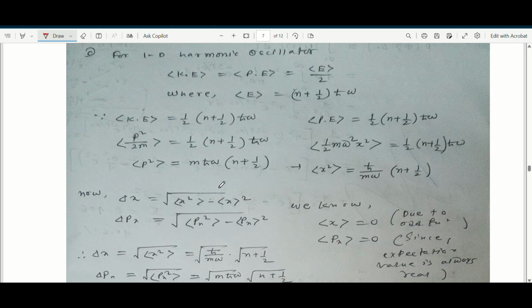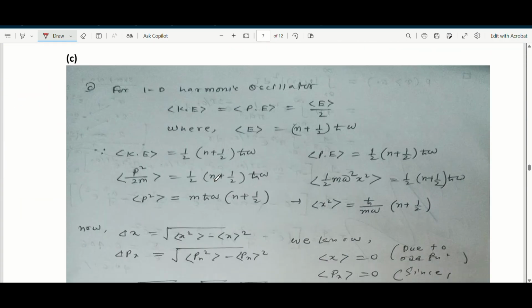For a harmonic oscillator, we know the kinetic energy is p squared by 2m, and the potential energy V of x is half m omega squared x squared. Now the total expectation value of energy for a 1D harmonic oscillator is distributed equally between kinetic and potential.